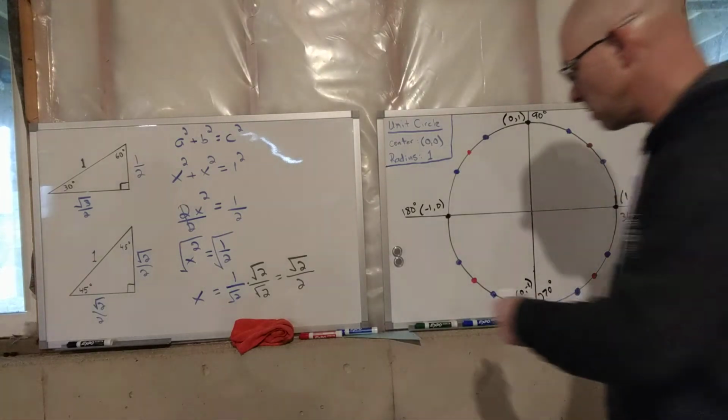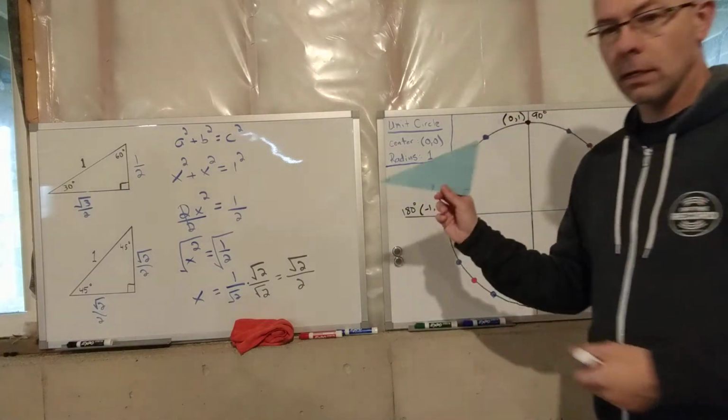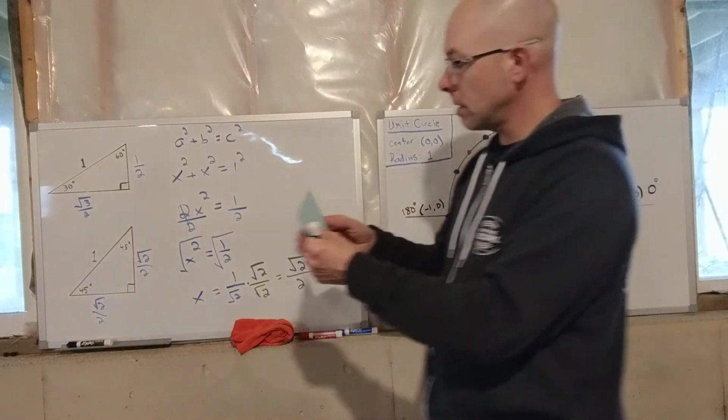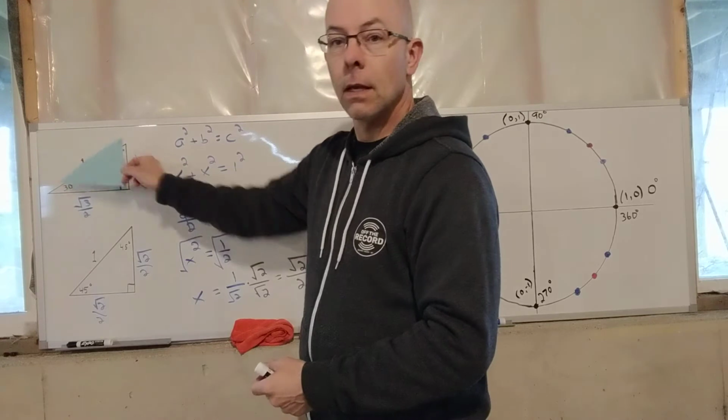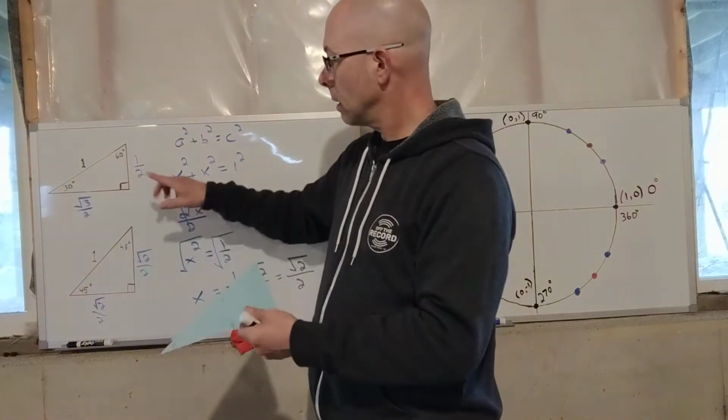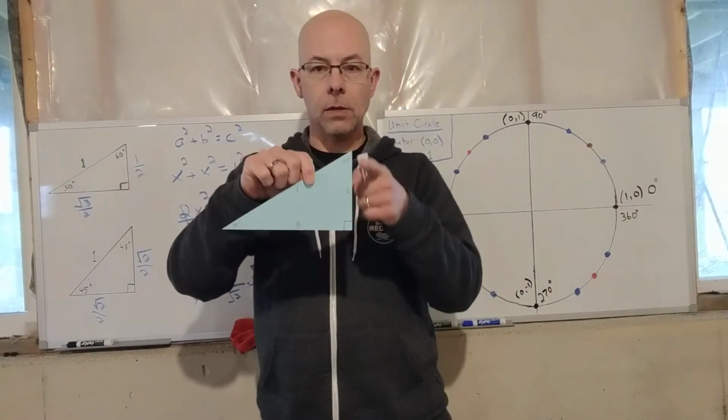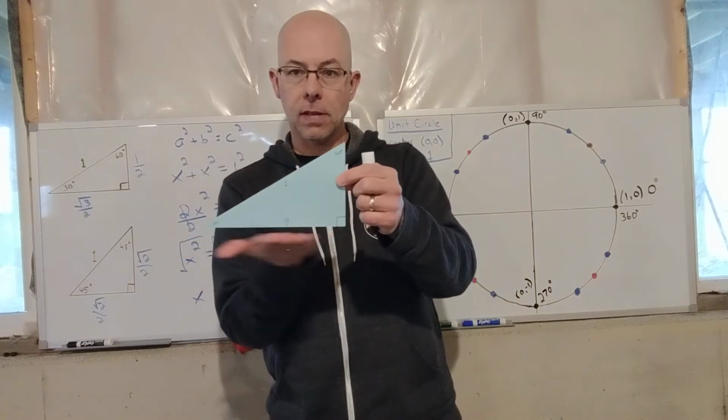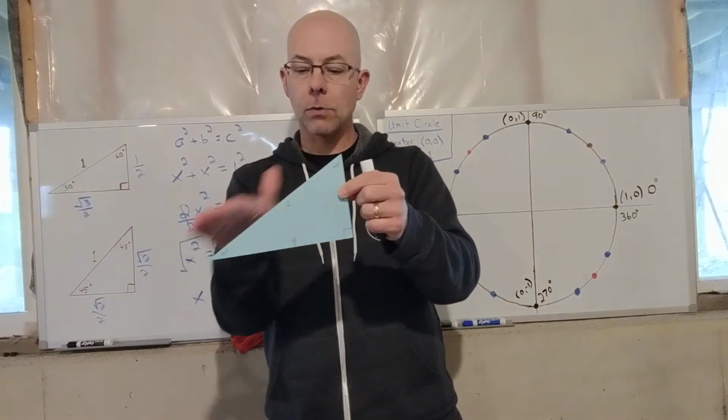Now, let's talk about this triangle. That's the 30, 60, 90 one from here. Let's remember that this side is 1/2, this side is square root of 3 over 2, and the hypotenuse is 1.